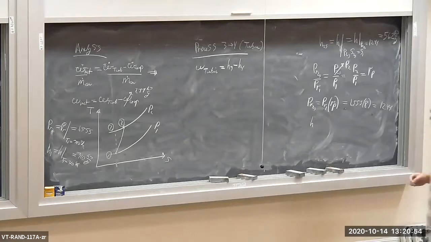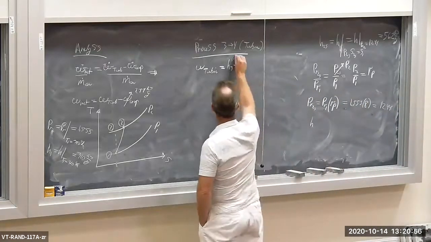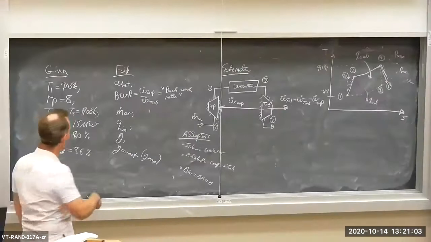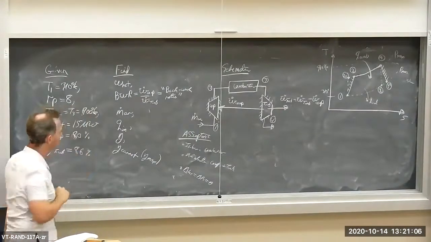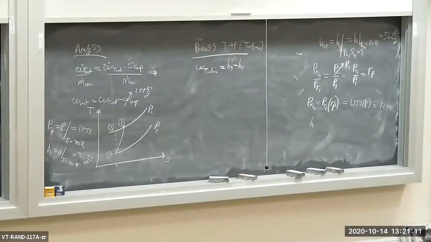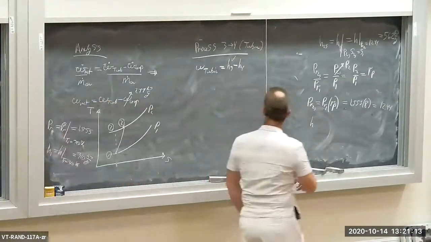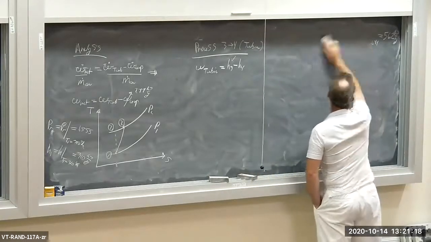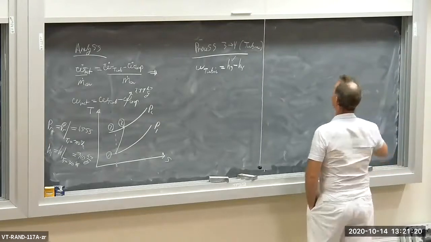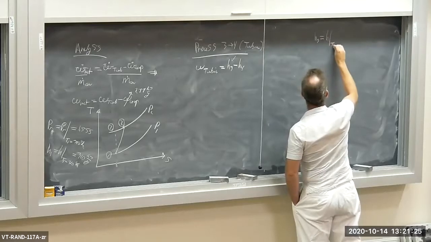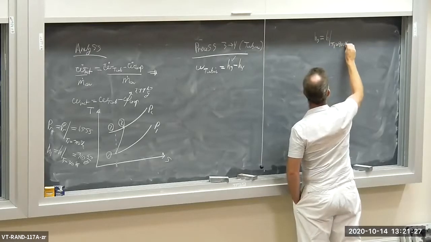I know H3. How do I know H3? Because I have the temperature. I have the maximum temperature at state 3. Let's actually see if we can crank that out. So I know H3, T3, 900 degrees Kelvin is the maximum temperature in the cycle. H3 equals H evaluated at T3, which is 900 degrees Kelvin.